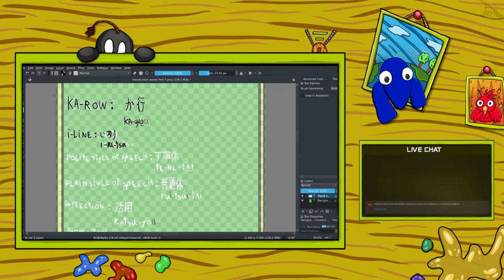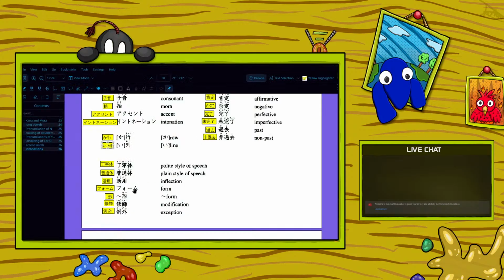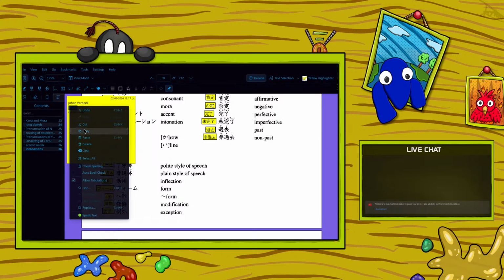So polite style of speech, which is tenetai. Yes, tenetai, if I'm correct. Let's see if that is correct. So, polite way of speech. Tenetai.